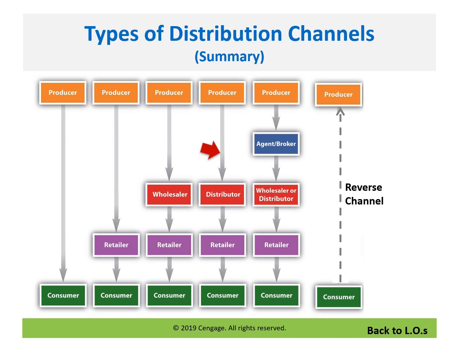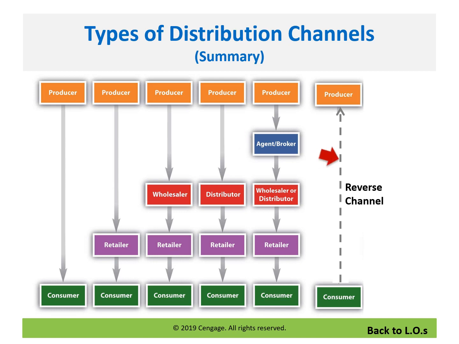Another intermediary configuration is from the producer, handled by an agent or a broker, to the wholesaler or distributor, then the retailer, which distributes the products to the consumers. The third type of distribution channel is the dual distribution, which is when a producer utilizes a direct channel plus two or more intermediaries.